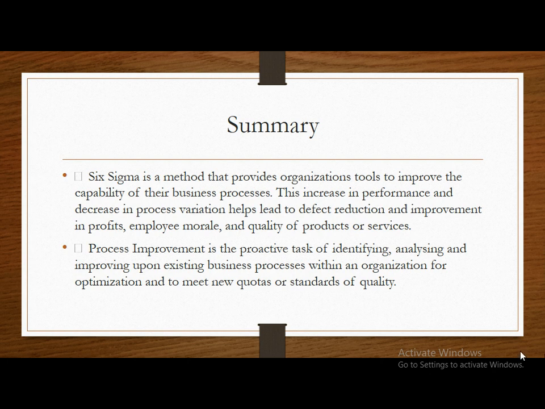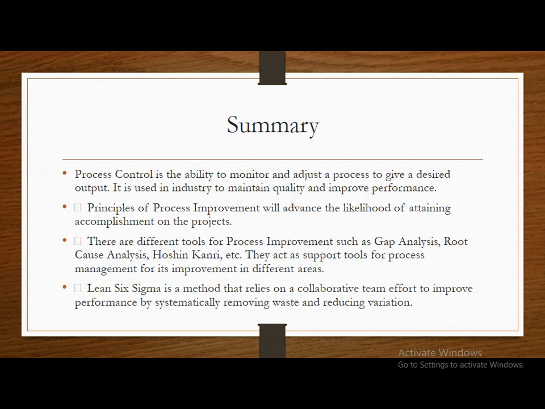Process improvement is a proactive task of identifying, analyzing, and improving existing business processes within the organization for optimization and to meet new codes or standards of quality. Process control is the ability to monitor and adjust the process to give a desired output. It is used in industry to maintain quality and improve performance.